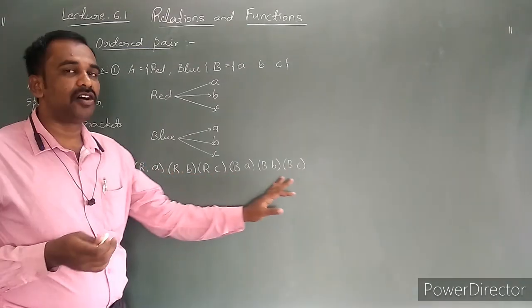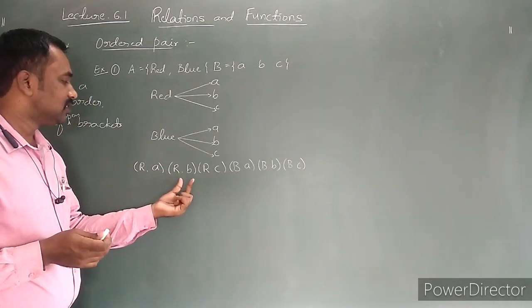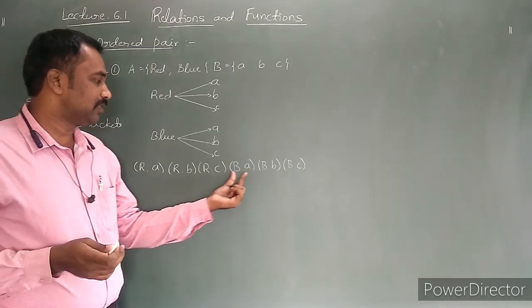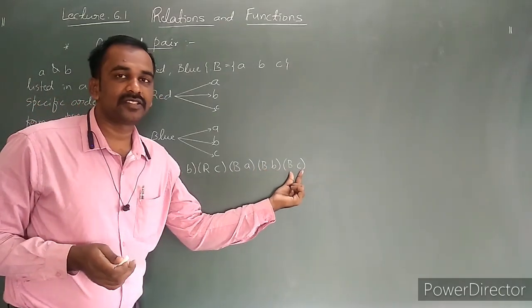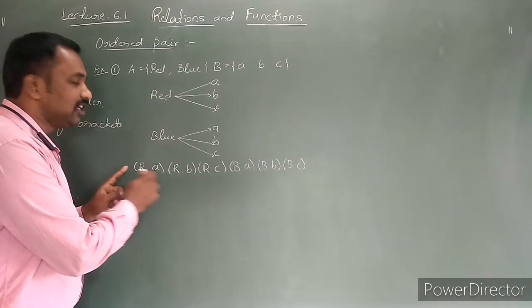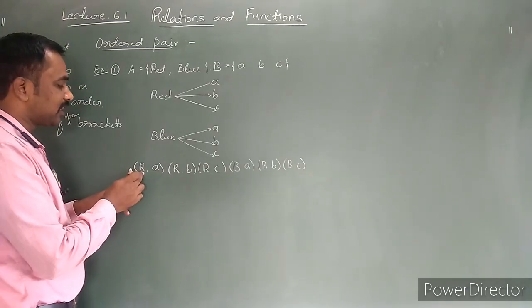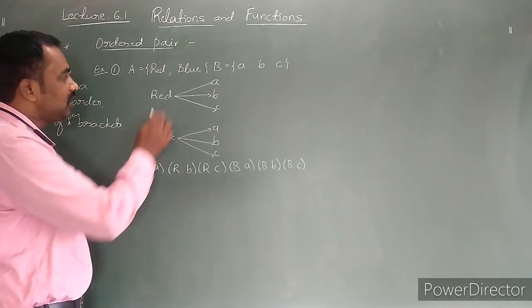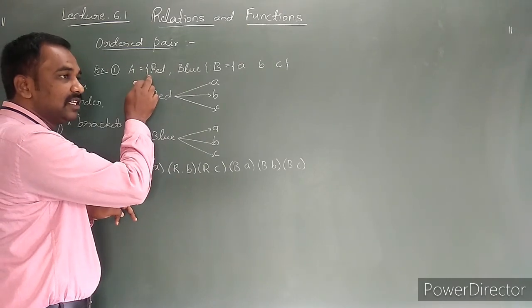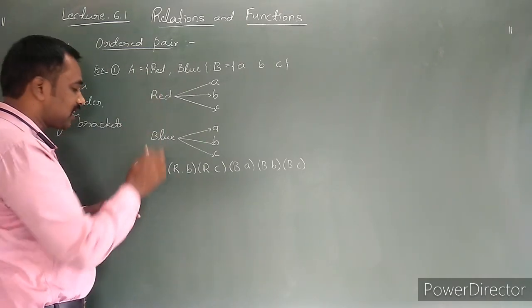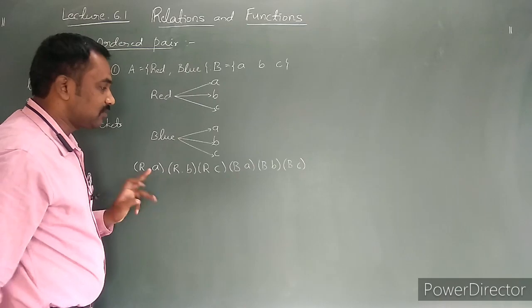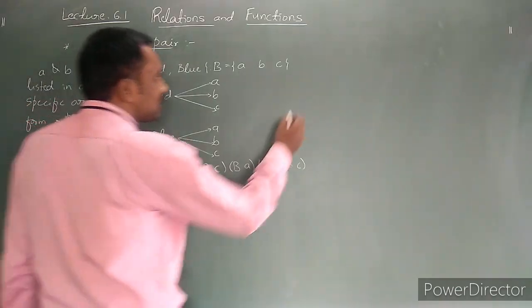This is one ordered pair, this is another ordered pair, and so on. Two objects are there, written in a specific order. What is the specific order? First of all, red, the first element, belongs to set A. The second element belongs to set B. Like that.